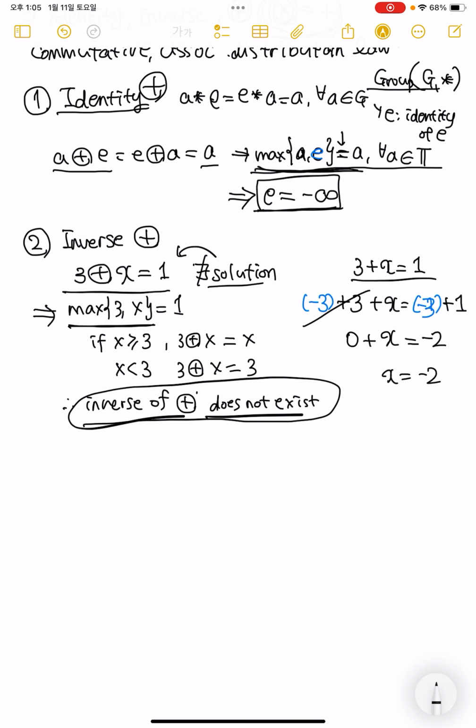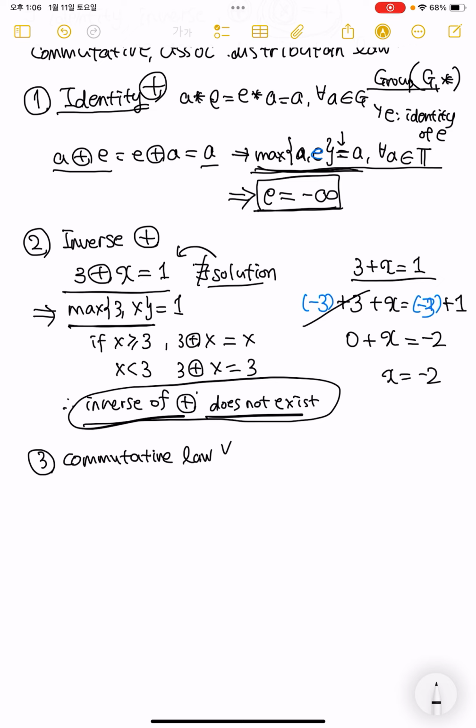Okay, as I said, in the tropical number system the commutative law obviously holds: the maximum of A and B and the maximum of B and A are the same.